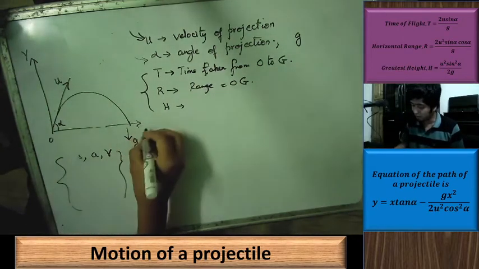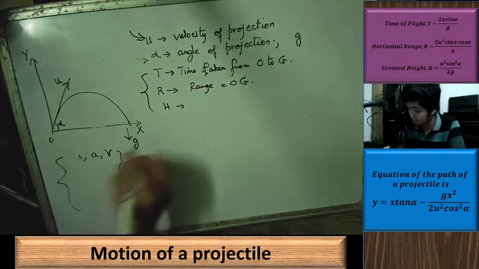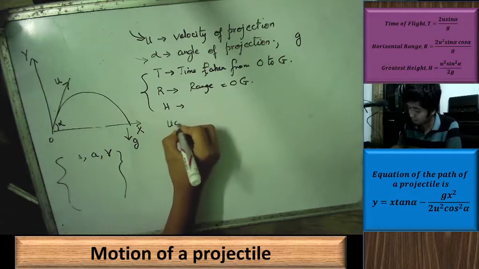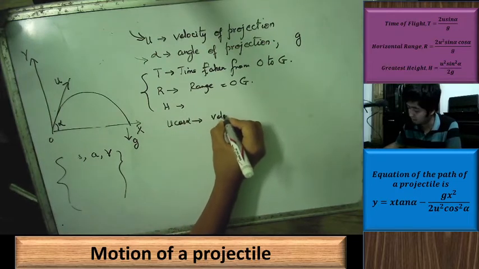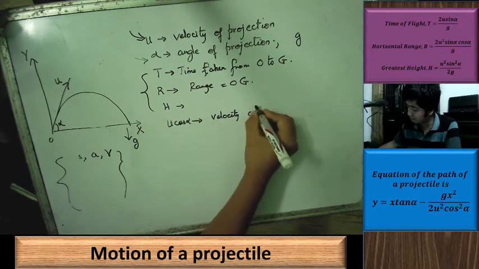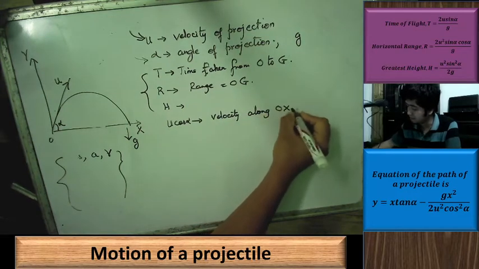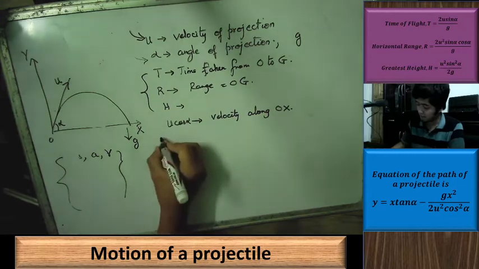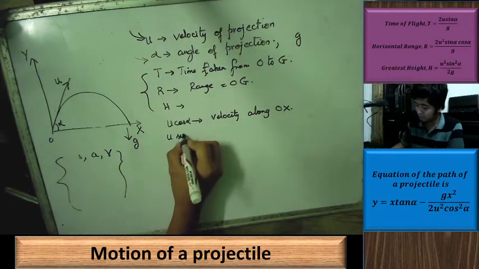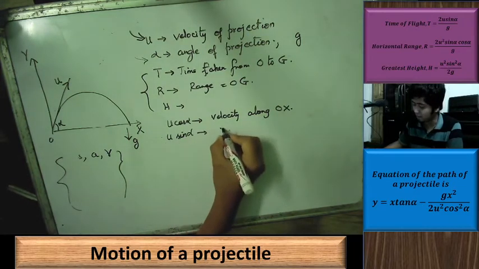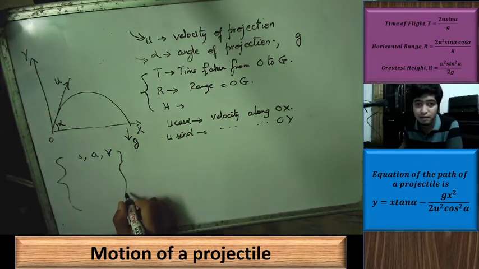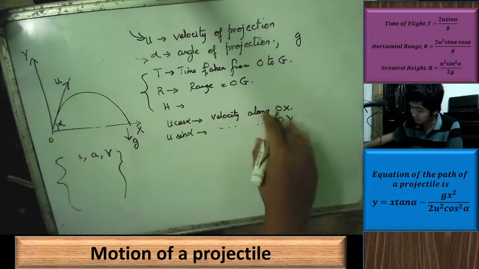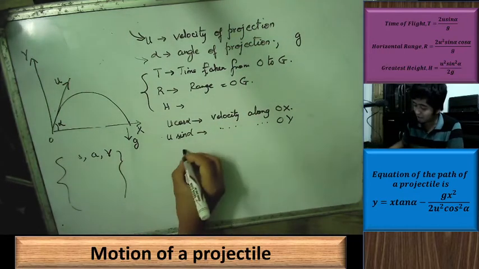So what I want to say is this. u cos alpha will be the velocity along OX, and u sine alpha will be the velocity along OY. Similarly, what is the acceleration due to gravity along OX?